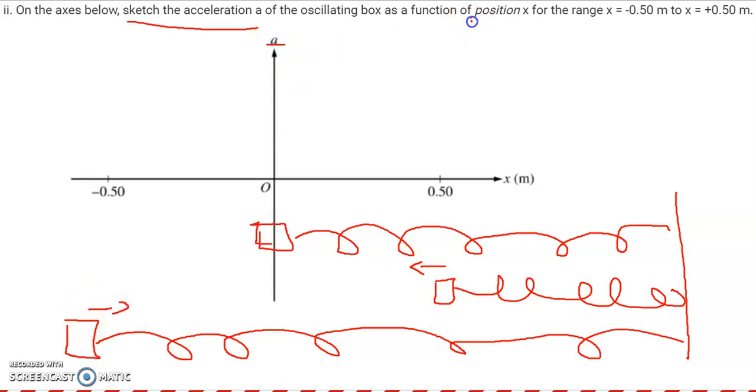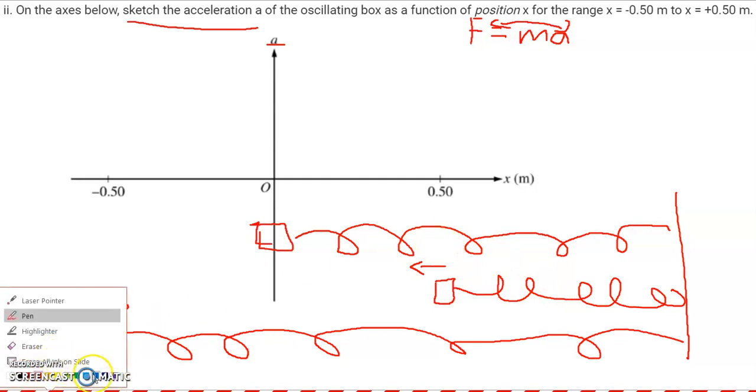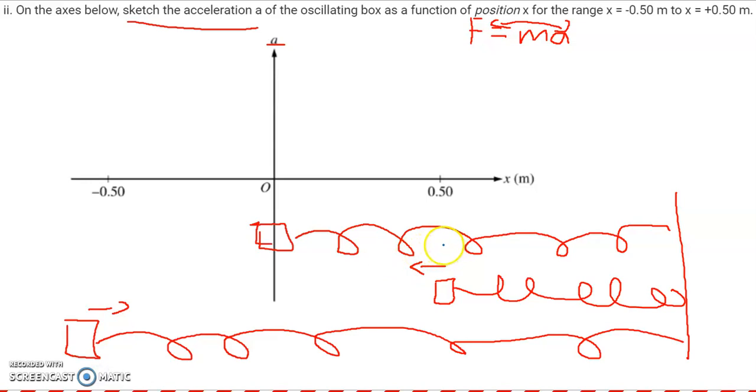So we're talking about acceleration, and we know that force is directly proportional to acceleration, right? These two are directly proportionate. If you have force, then you have acceleration. If you have a negative force, then you have negative acceleration. So at this point here, at the 0.5 meter mark, we have a force to the left, or a negative force, so we will have some sort of negative acceleration.